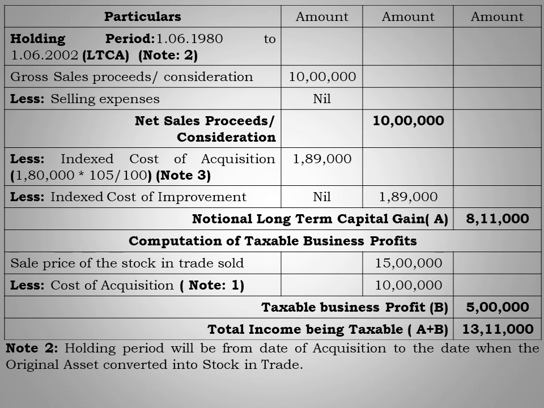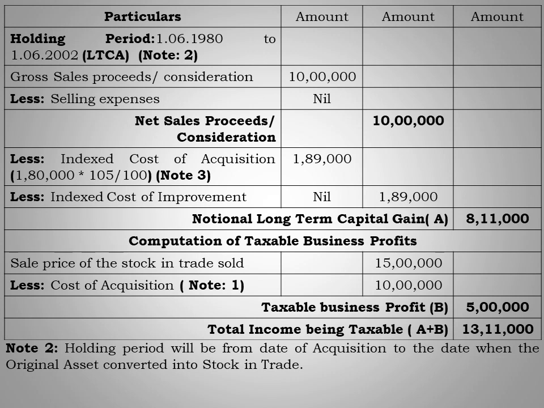So let us go with the gross sales proceeds or the sales consideration. What I have told, that is, whatever the fair market value they have provided in case of the capital asset will be considered as the gross sales proceeds, and the gross sales proceeds will be considered as rupees 10 lakh, that is the fair market value of the building.